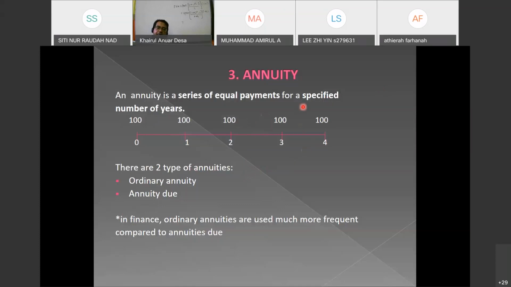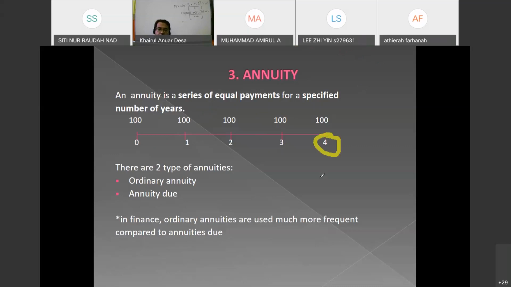Okay, kita tengok balik apa definisi annuity. Annuity is a series of equal payment for specified numbers of year. Okay. Bila diketahui dengan jelas the numbers of year, we know exactly the time period of the annuity.